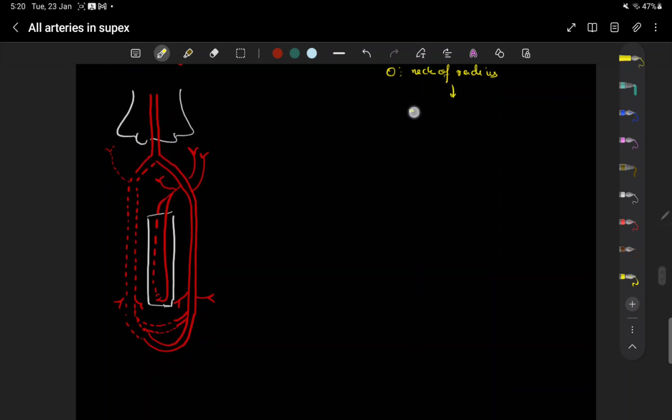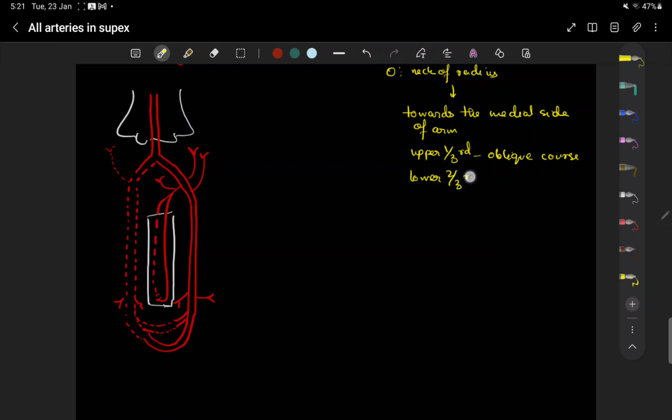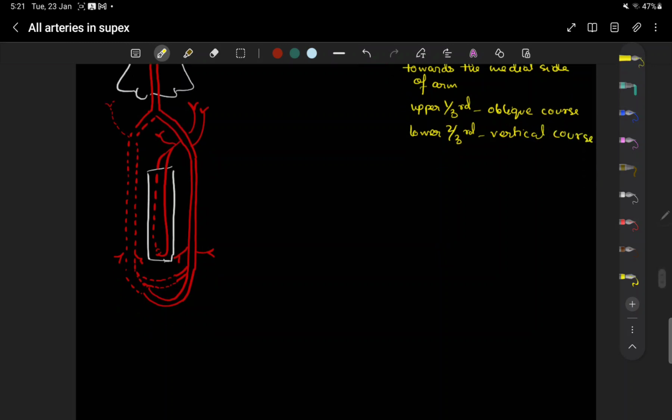As it is moving towards the medial side, in the upper 1/3 of its course it is oblique, and in the lower 2/3 it has a vertical course. As it is moving downwards, it will enter into the palm.